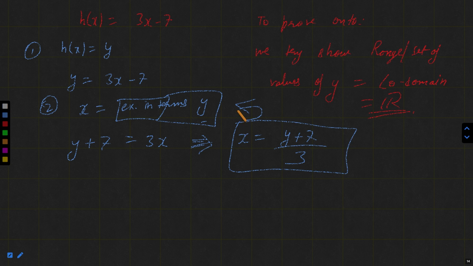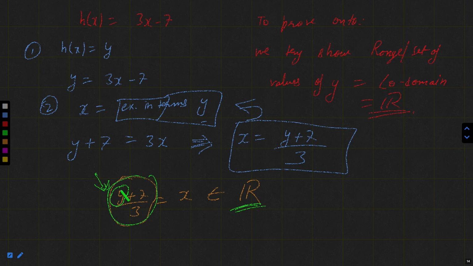Now what do we know? First of all, we know that x equals (y plus 7) by 3, and this x belongs to the real numbers. So this means this whole thing must also belong to the real numbers. Now think about what values of y satisfy this condition, so that the whole thing belongs to the real number set.